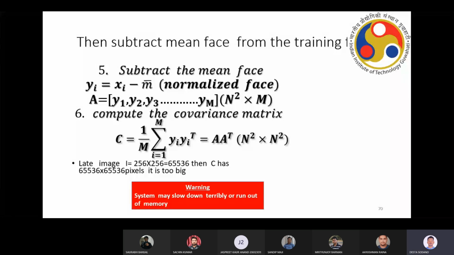Step 6 is the covariance matrix, 1 over M, where M means the number of trainers, summation i from 1 up to M of Phi i times Phi i transpose, which becomes A times A transpose, of size n squared by n squared, the given function above.